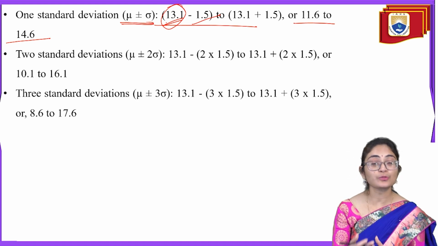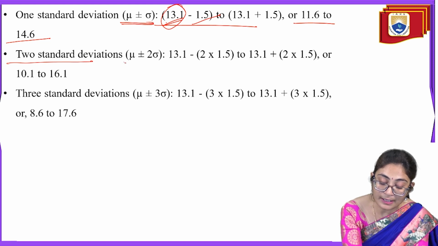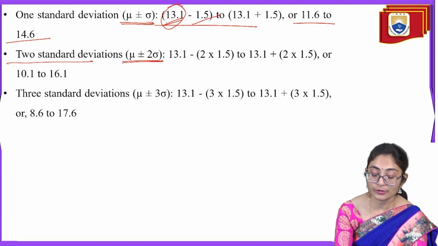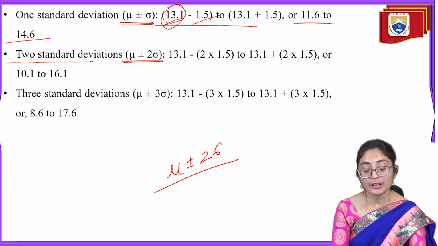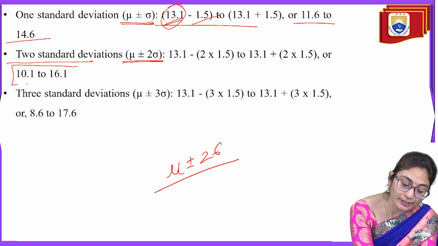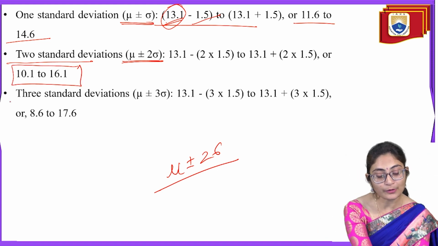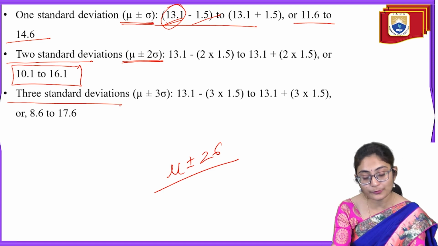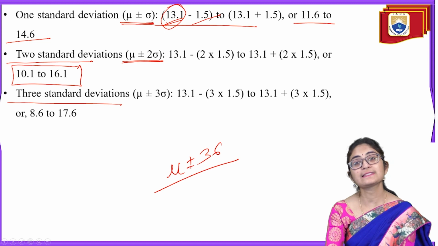So we can get the range 11.6 to 14.6 years. Then for the second standard deviation, 2 standard deviation, your formula changes. Now your formula is mu plus minus 2 sigma. Again you find the range, and now you get the range 10.1 to 16.1. Then for 3 standard deviation, the formula is mu plus minus 3 sigma.